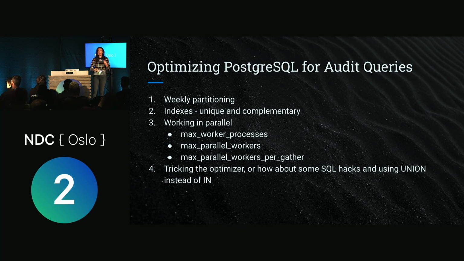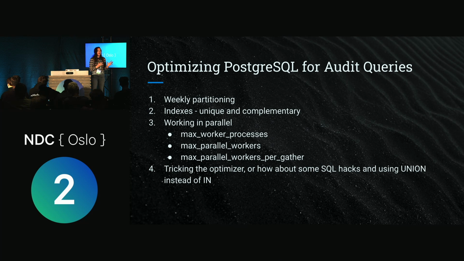The second thing we did was also pretty basic. We defined some unique and complementary indexes on the auditing table, looking at the predicates that are most used for the queries that we were running. What else? Well, if you're using Postgres on RDS, I really encourage you to look at these 3 factors that I have on my screen right now.